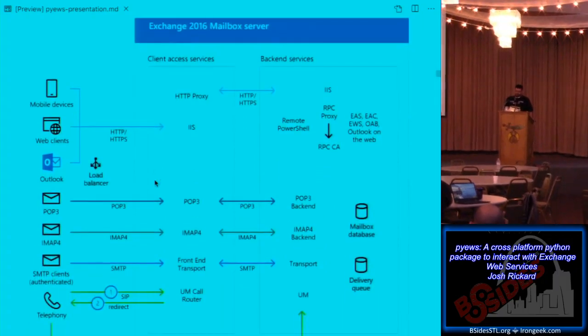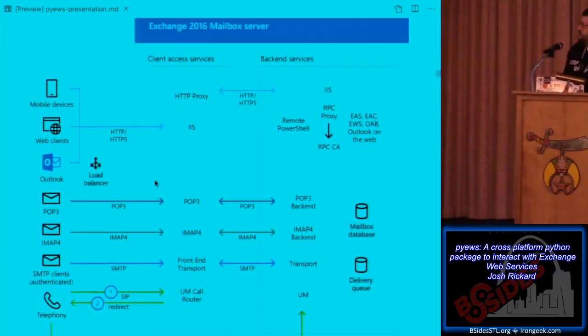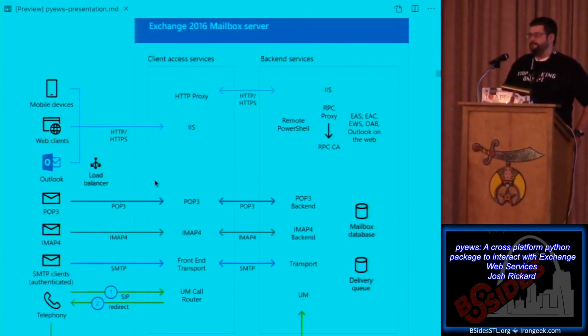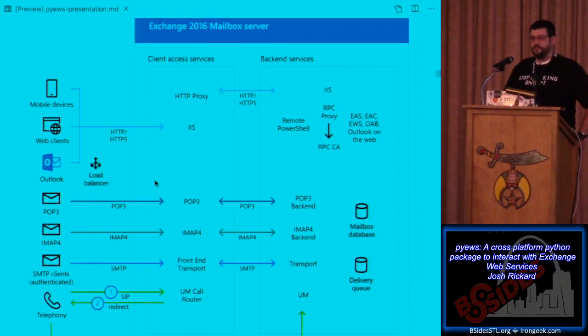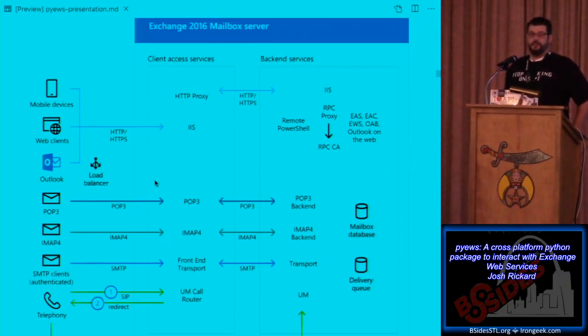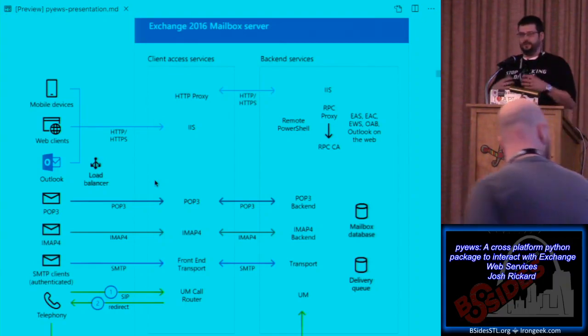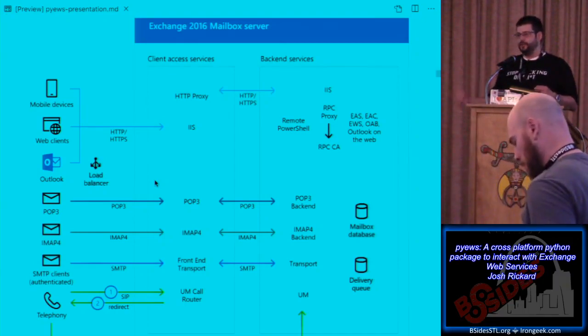So let's dive into a little bit about Exchange. Exchange is complex. Does anyone here manage Exchange or have managed it or use it? Anyone have Outlook? Exchange is all about the clients connecting to it, and they connect over different protocols. Whether you're sending it over POP or IMAP is a whole other protocol, but clients like your mobile device, your Outlook client, your Mac, will all send it over EWS.